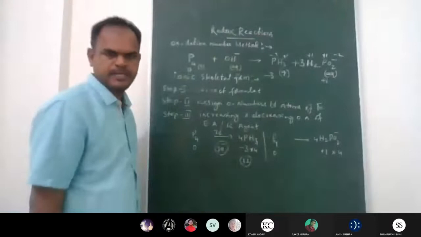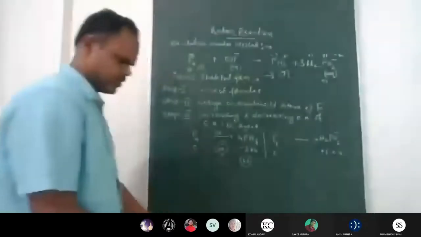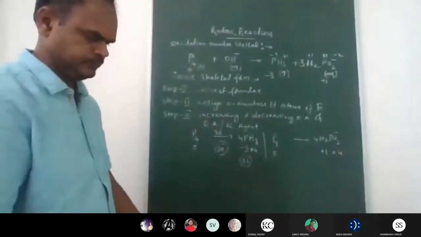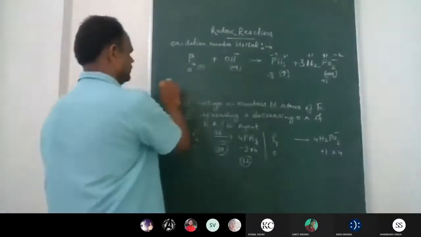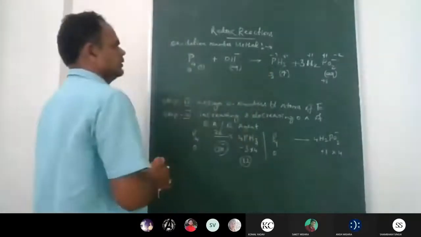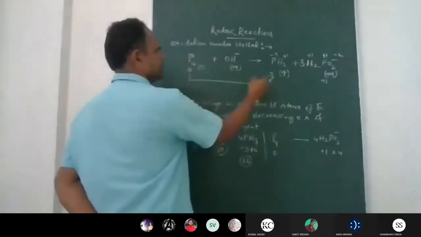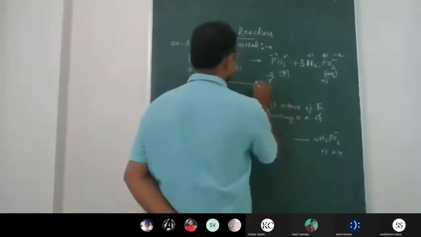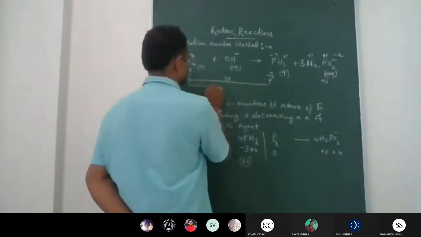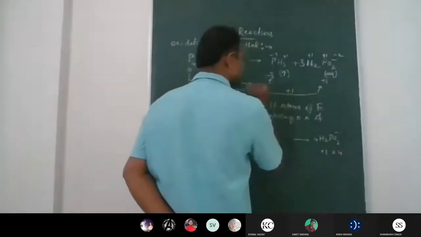Phosphorus changes 0 to -3, 3 electrons, and 0 to plus 1, 1 electron.